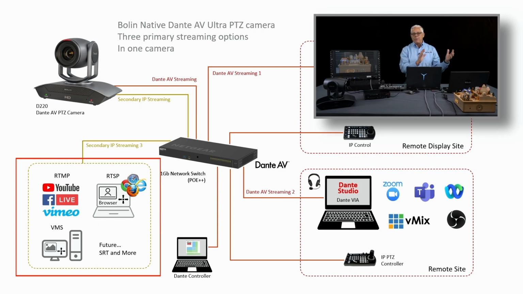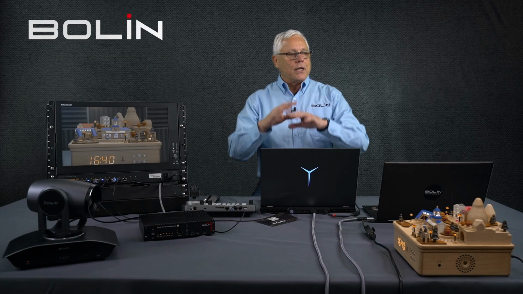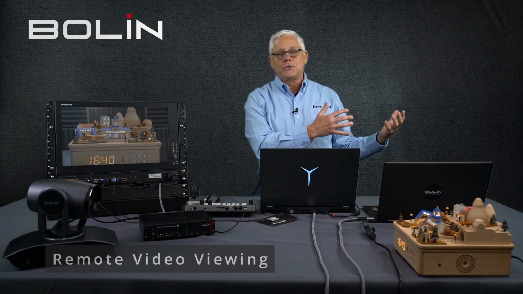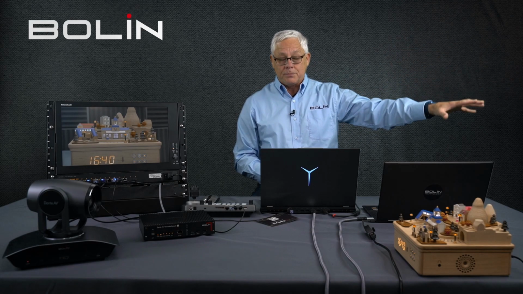These are far lower bandwidth requirements than what you'd find in Dante AV Ultra. So if you have a situation where you are in a live venue, live performance space, but you need to be able to remotely view this same video stream in another location or maybe multiple locations, you can use this independent stream for that. You can also do other things, but let me show you.